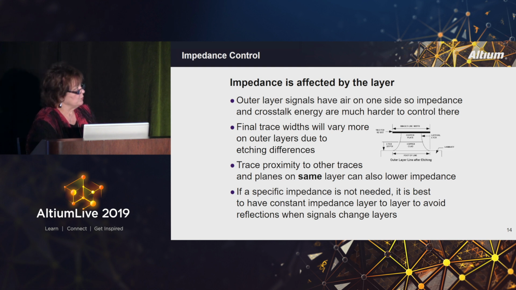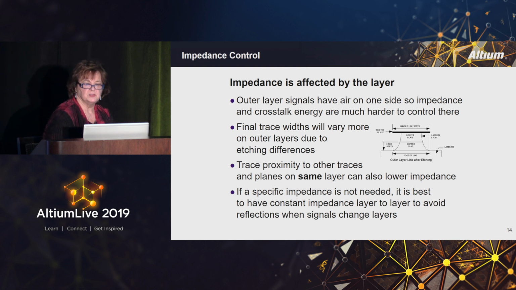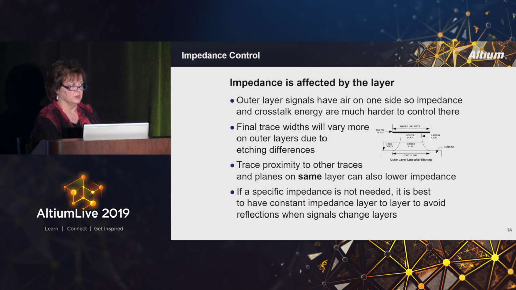So those are one of the reasons that if you have something critical, and I'll talk about critical in just a minute, you want to route those and differential pairs and things like that on internal layers, rather than trying to do it on the outside layers, because on the outside layers, you're just giving your fabricator something and saying, make mine work, and he's not going to be able to do as good a job as you might like him to do with that. So it's much more difficult for him.